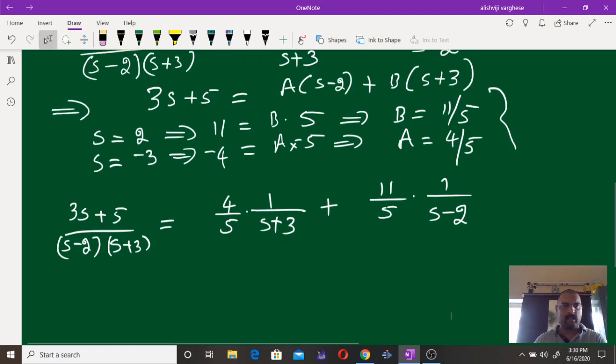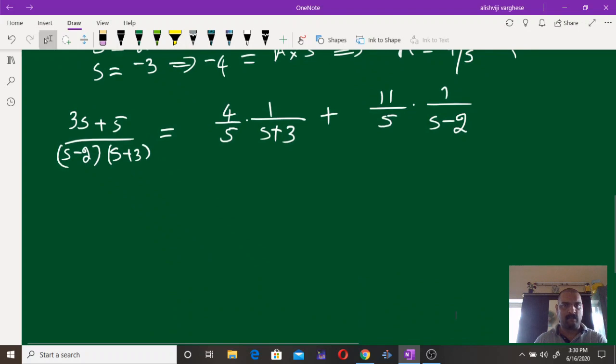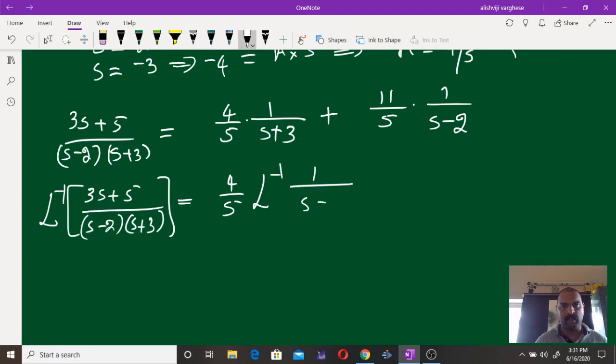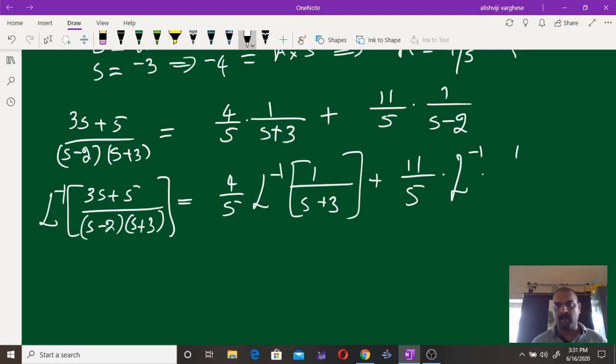And now we can take the inverse Laplace transform on both sides, and that will give the inverse Laplace transform of (3s plus 5) divided by (s minus 2) into (s plus 3) is equal to 4 by 5 into the inverse Laplace transform of 1 by s plus 3, plus 11 by 5 into the inverse Laplace transform of 1 by s minus 2.